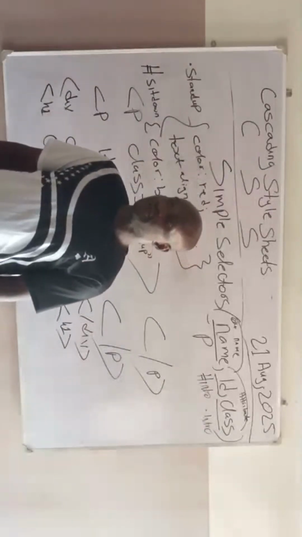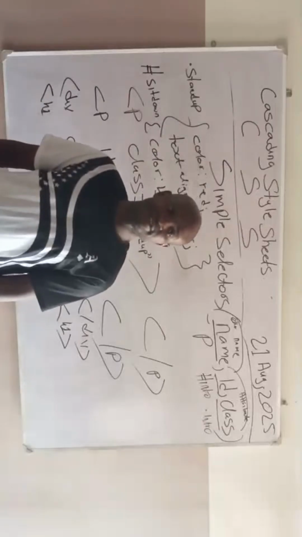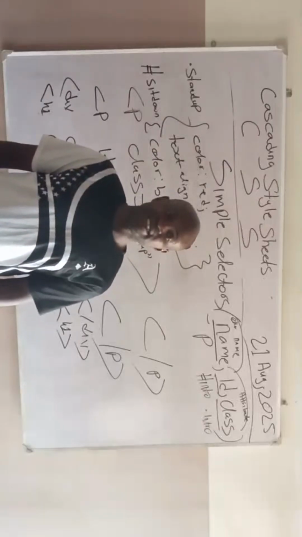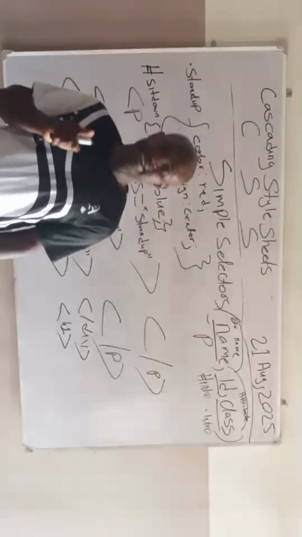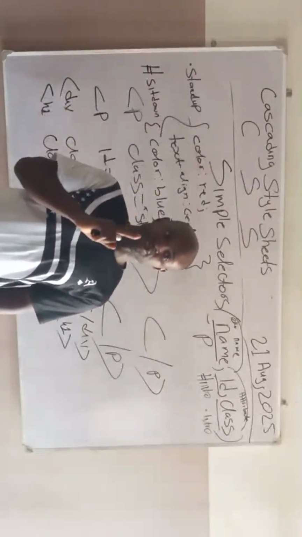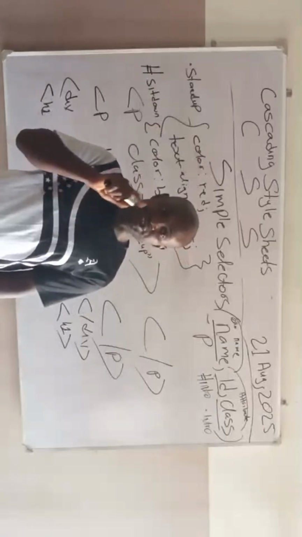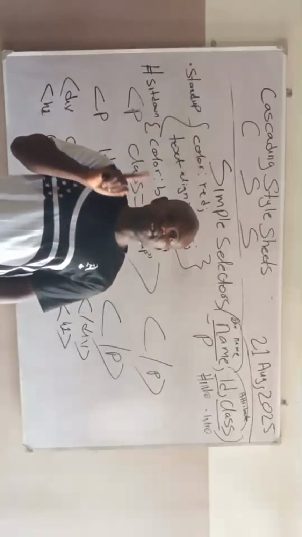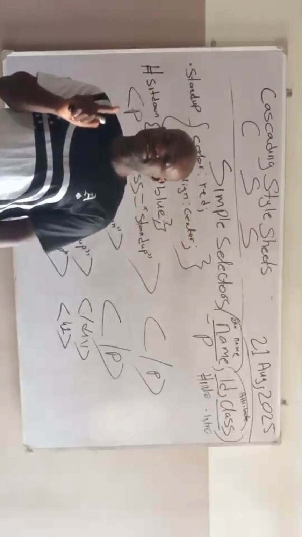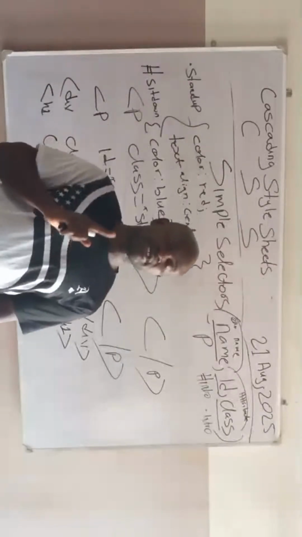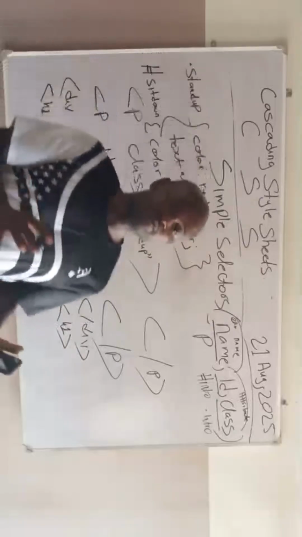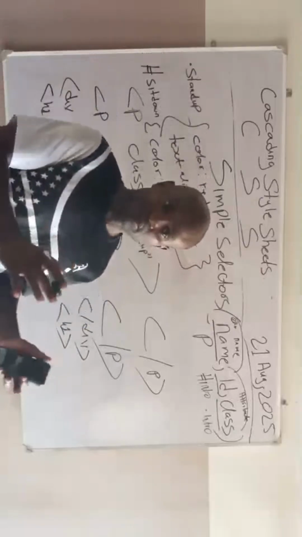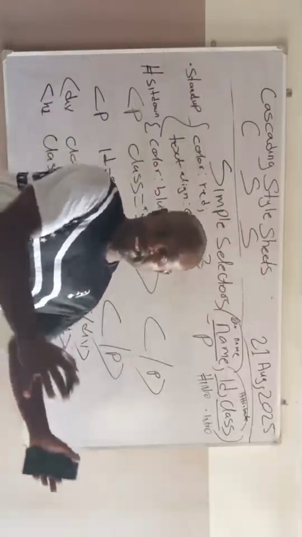Remember the definition of ID. ID is used to select one particular element, and IDs are unique to each element, E-A-C-H. IDs are unique to each element, where class can be used to group or categorize more than one element.